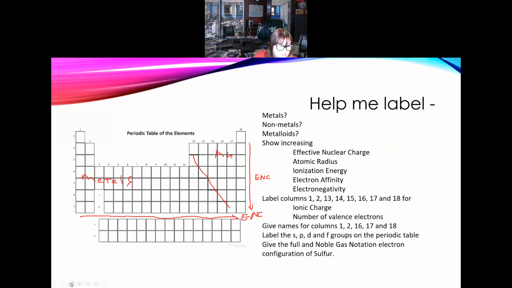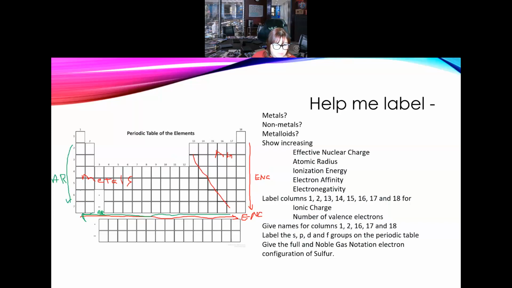So we're going to be looking at the atomic radius getting bigger as we go this direction. So we get bigger going that way and bigger going that way. Okay. And our atomic radius gets bigger as we go down, even though there's more effective nuclear charge, because we're further away from the nucleus. There's nothing we can do about that. Our atomic radius within a single group, however, is going to be the opposite trend of the effective nuclear charge.